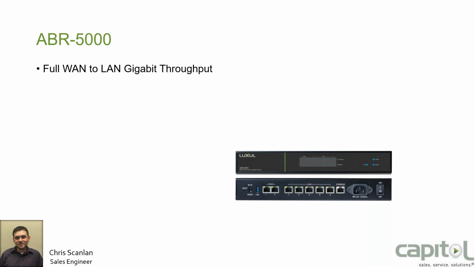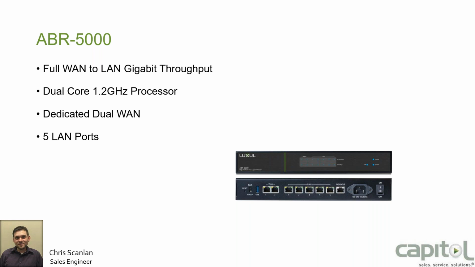This is a mean rack-mounted router. Again, all the ports are on the back, which makes it much easier for installs and a very clean rack on the front. You can change the LED indicators on all of the Luxul gear from green to blue. Really cool products. What you also get is a 1.2 gigahertz processor, dedicated dual WAN, like I mentioned, 5 ports of LAN connection, so not 4, but 5.